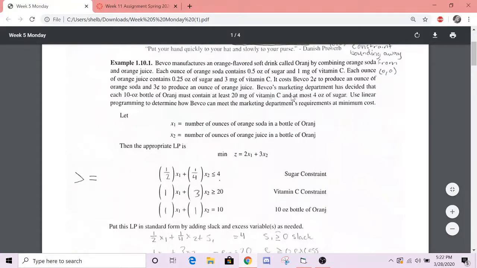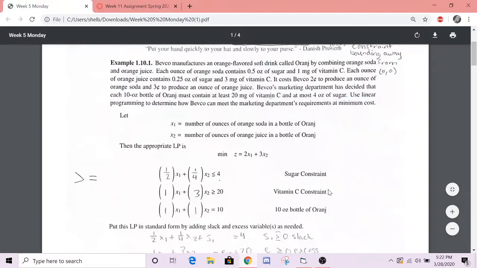At the very end, it says that each 10-ounce bottle of orange must contain at least 20 milligrams of vitamin C and at most 4 ounces of sugar. So if it's at most 4 ounces, we want this constraint to be less than or equal to 4.